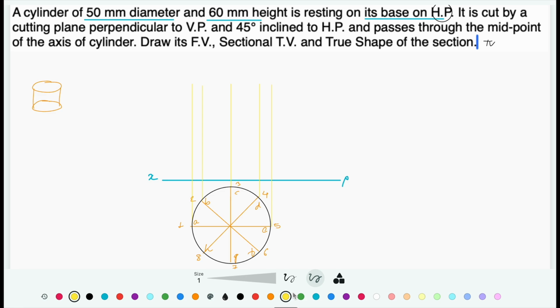The height of the cylinder is 60. So let's say this is 60. Highlight the outer lines and keep the remaining lines as they are, because those are the generators that we have created for our reference.